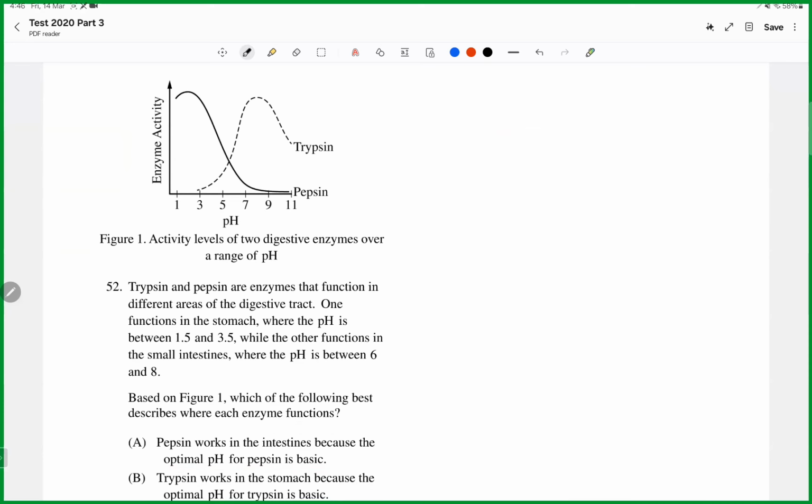Trypsin and pepsin. Trypsin and pepsin are enzymes that function in different areas of the digestive tract. Okay, they both have different pH levels, right? Pepsin likes a pH of 2. Trypsin likes a pH of 8.